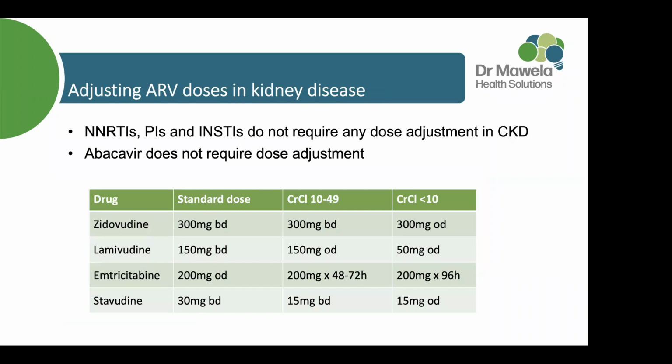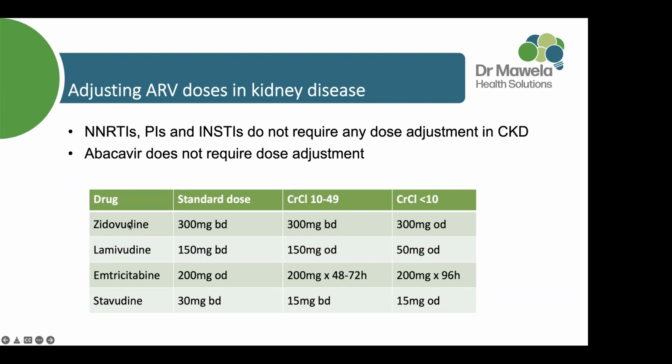Just remember the issue of renal dose adjusting. It's not just a tenofovir issue. All drugs that are metabolized through the kidneys, particularly your NRTIs, would need to be adjusted based on the kidney function of your patient.